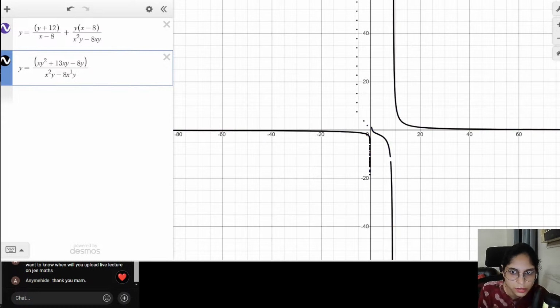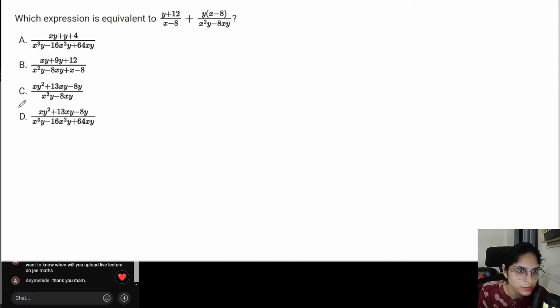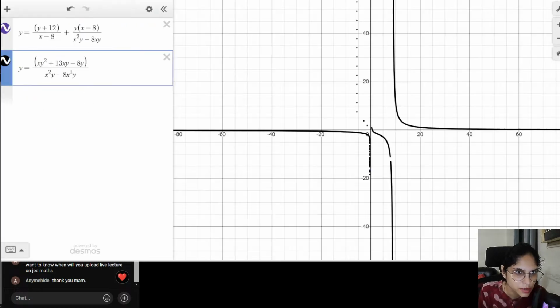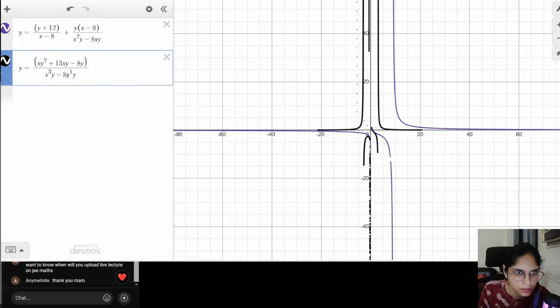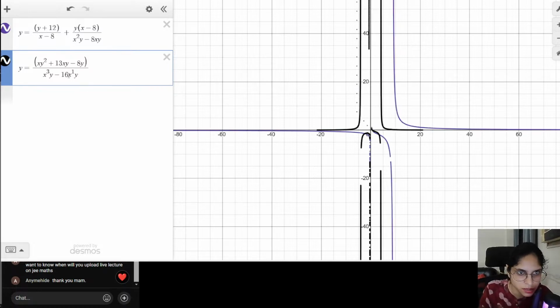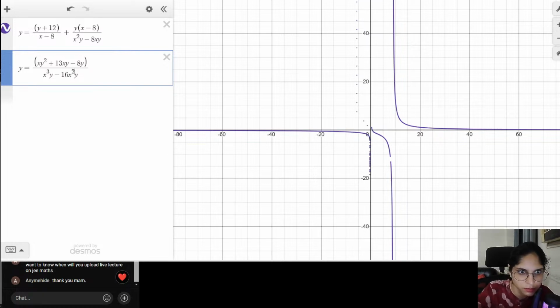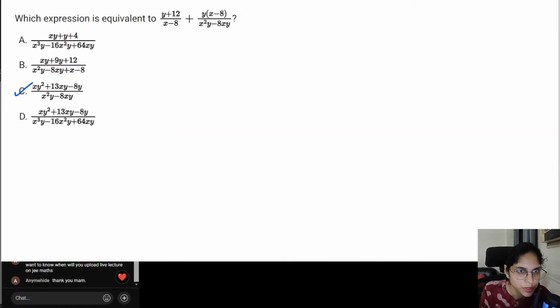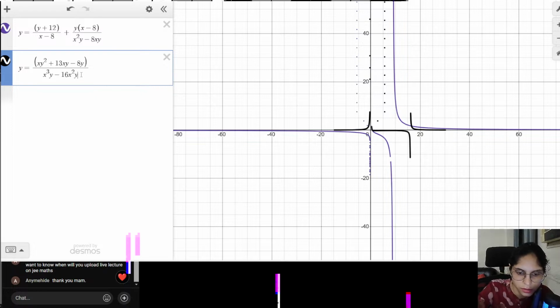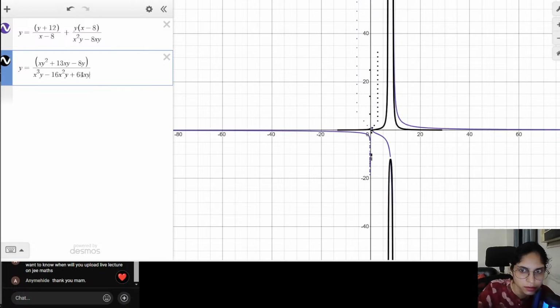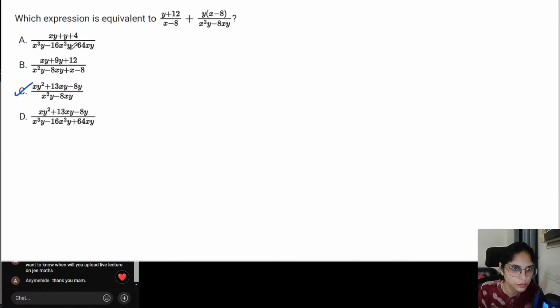Yeah, this is the same, so this is the correct option. You have x cubed y minus 16x squared y plus 64xy. Different graph. So no.